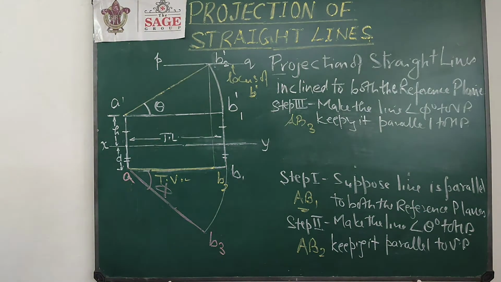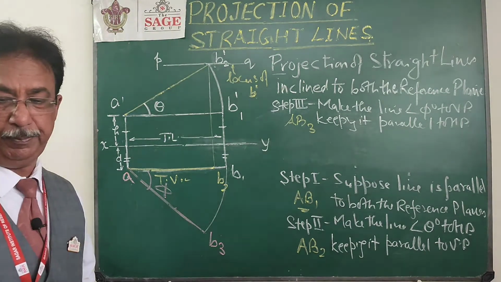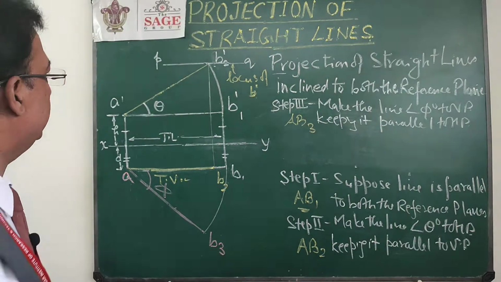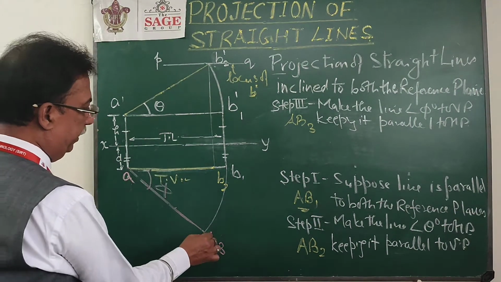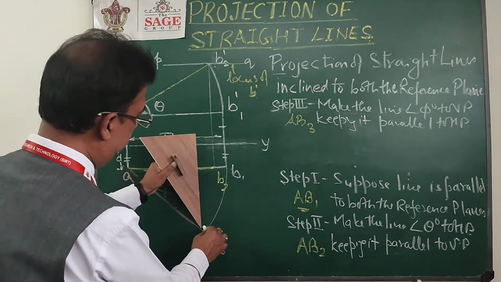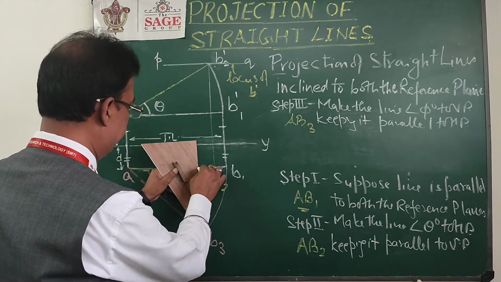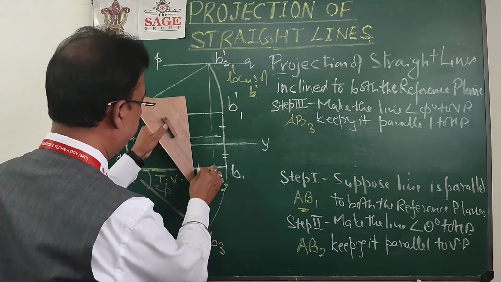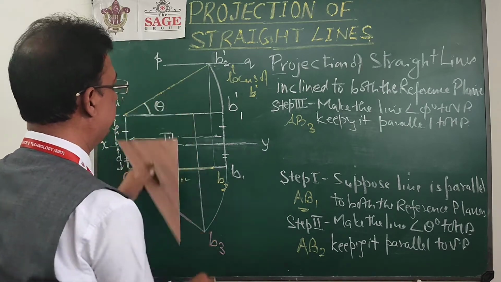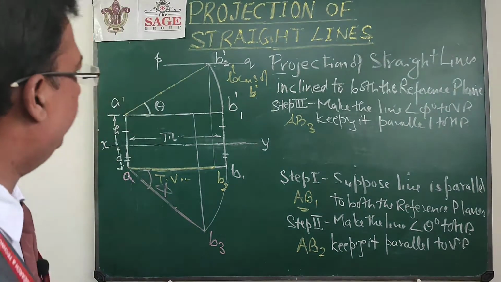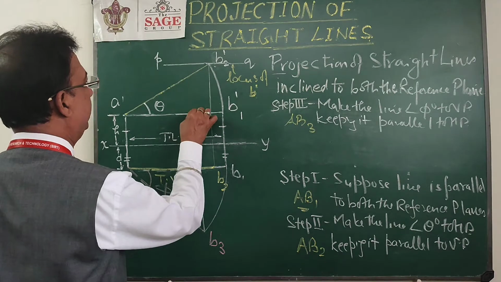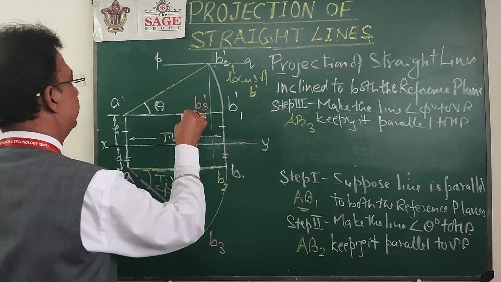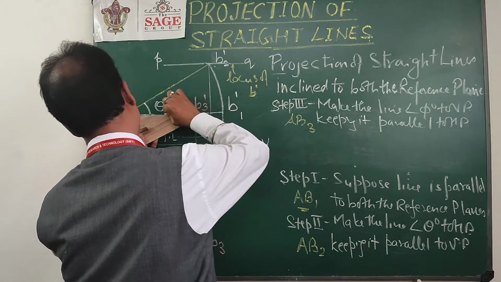Now the line will be inclined to VP. It is still parallel to HP. Parallel to HP means the distance of B3 dash will be the distance of A dash. So from this again draw a perpendicular projector and go up to this initial line, and that point will be our point B3 dash. I will darken this line.